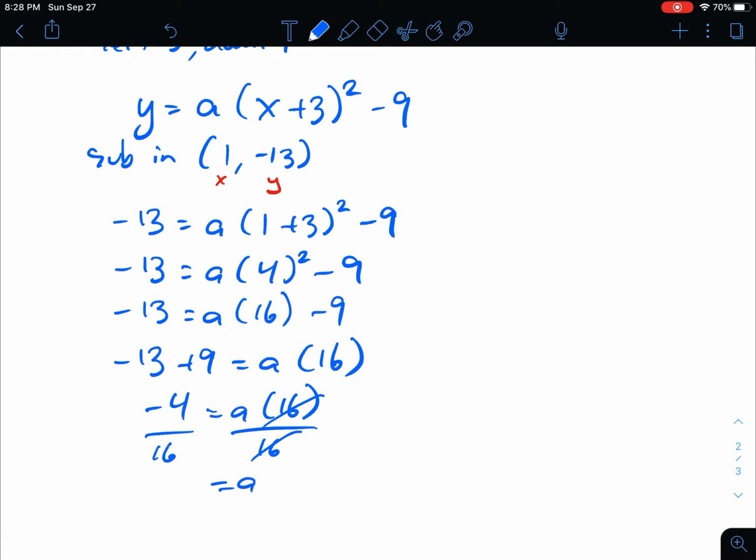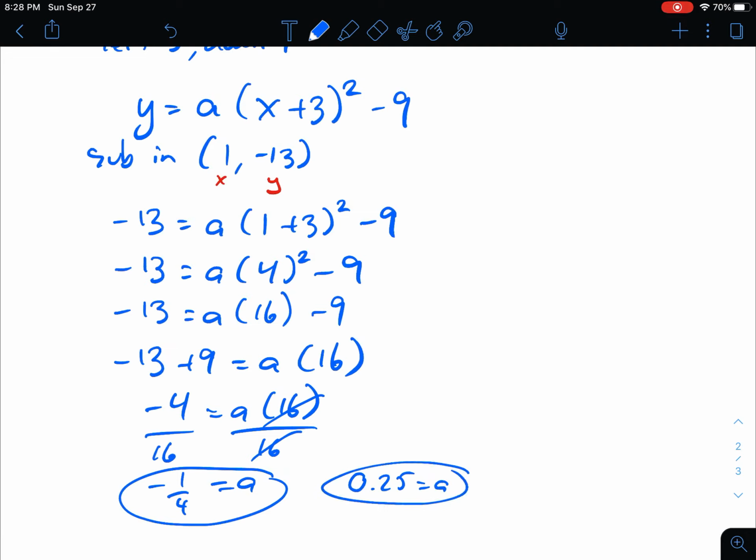We can actually write this two ways. We can either write -1/4, or you could write -0.25 equals a. They'll both be the same. So your equation then, we're going to rewrite this line right here. That's our equation. The only thing that was missing was the a.